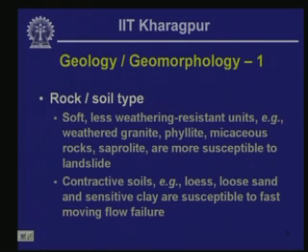If the soil or rock type is soft, less weathering resistant, such as weathered granite, phyllite, micaceous rock, saprolite, then we are likely to have more frequent occurrences of landslide. That is the first point.